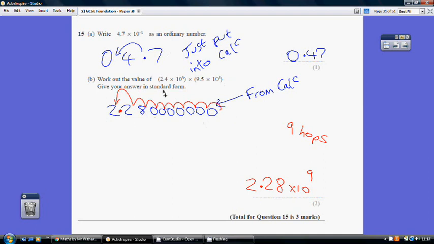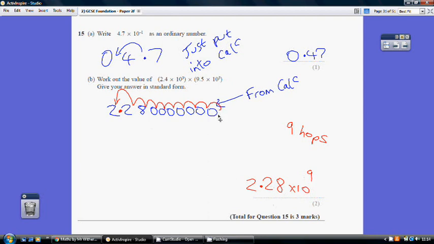Now we've got to give our answer in standard form. So remember what the process is here. The first number's got to be between 1 and 10. So where do we put the decimal point to get a number between 1 and 10? Well, it comes between the 2 2's. So we've got 2.28 as a starting point, and then times 10 to the unknown power at the moment.